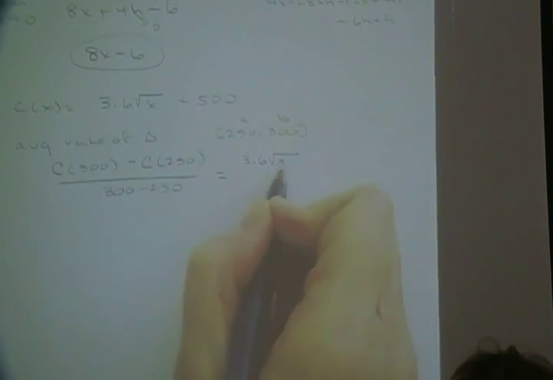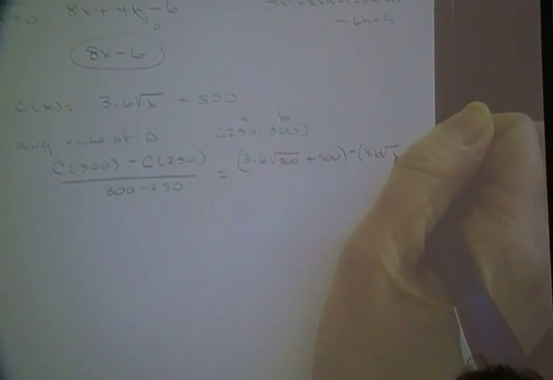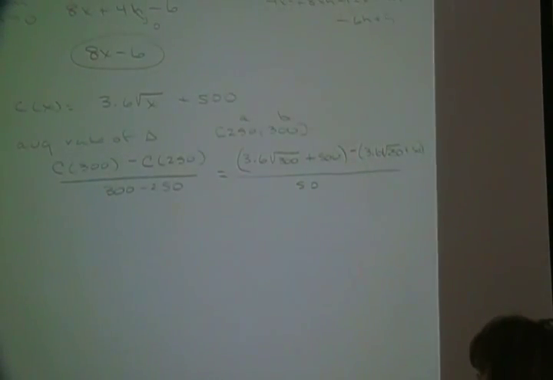Now to evaluate the function, I would actually need a calculator, and unfortunately I didn't bring one in the room, but it would take 3.6 times the square root of 300 plus 500, sorry. Don't really need to say plus 500, you'll see why in a minute, but that is the cost for 300 units, minus 3.6 times the square root of 250 plus 500, all over 50, which is 300 minus 250.